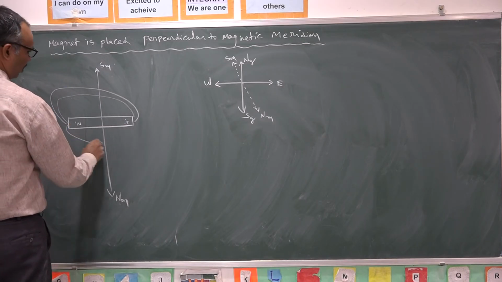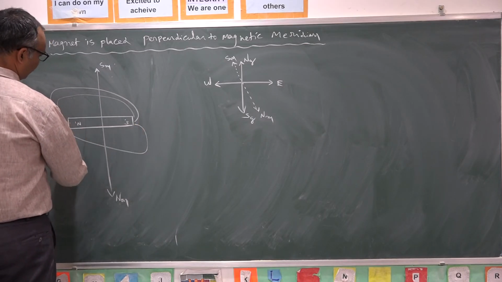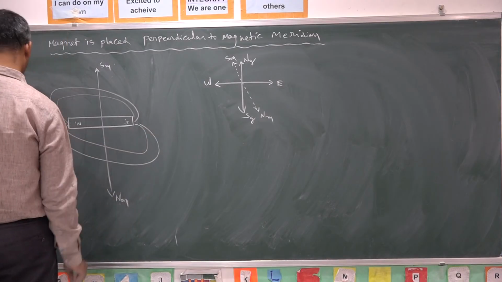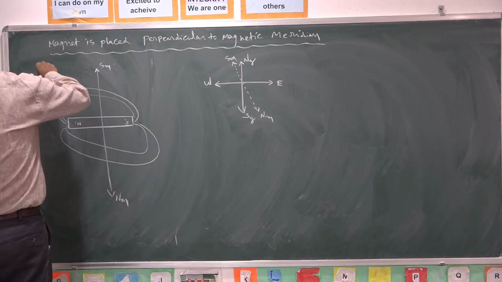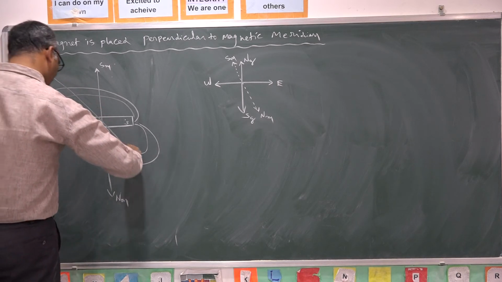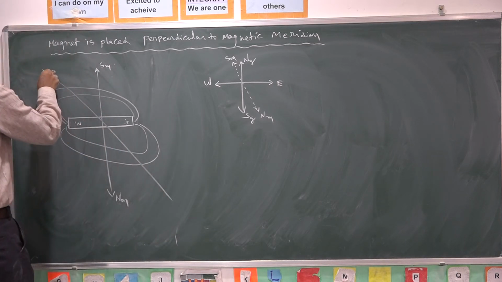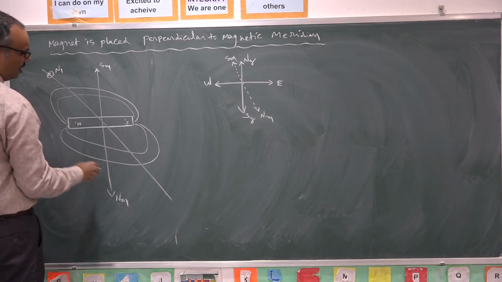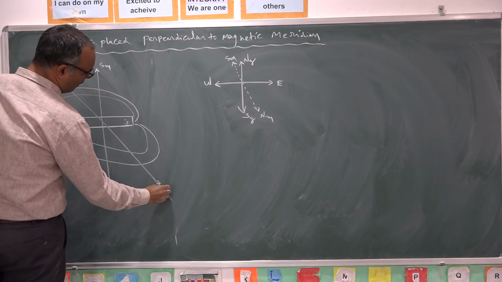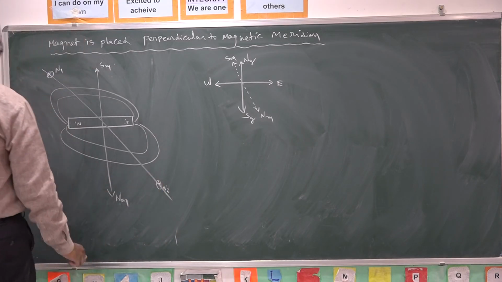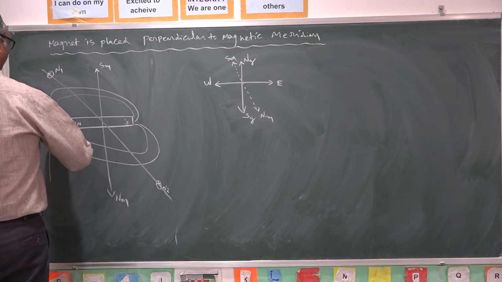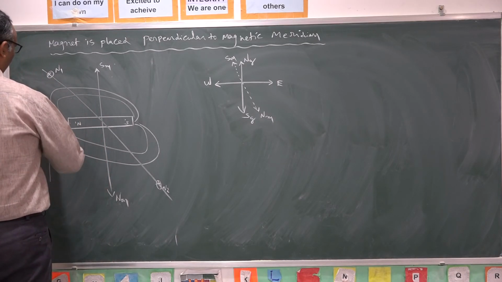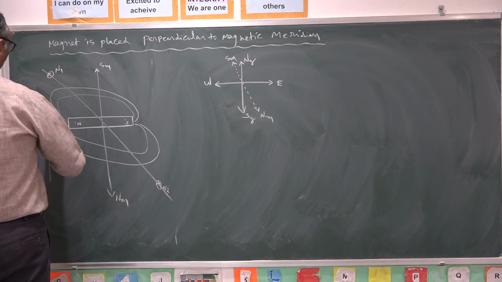Here they are going like this, entering like this. And you will find the null points on this line. Here is null point 1, here is null point 2. And remaining lines of force, always they move out of the north pole.